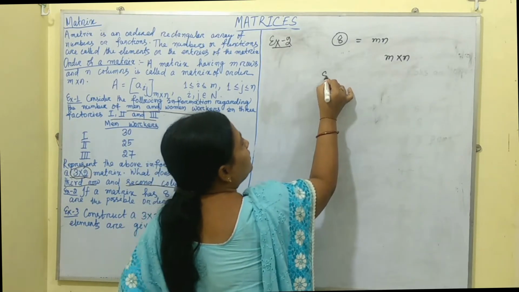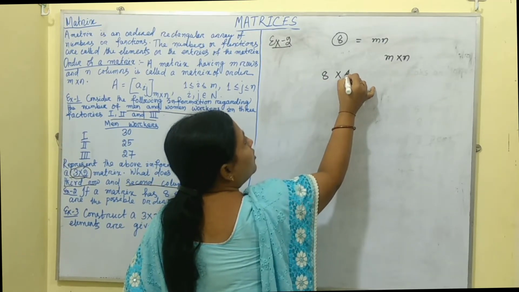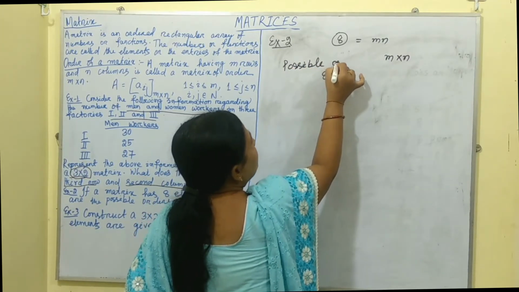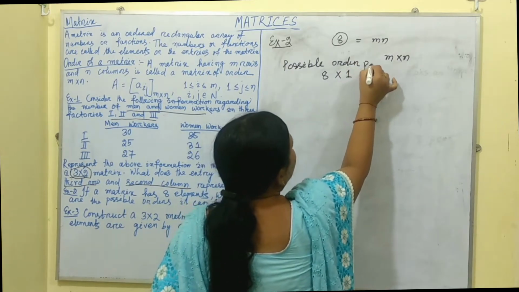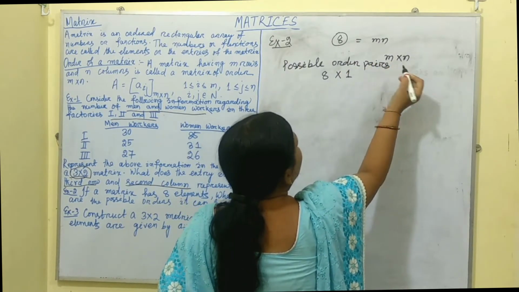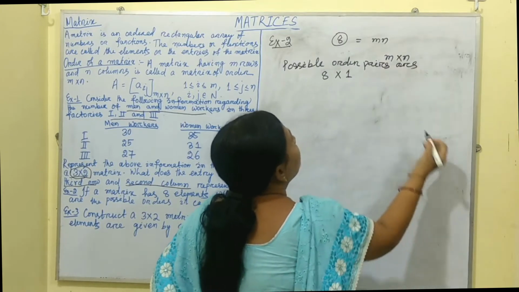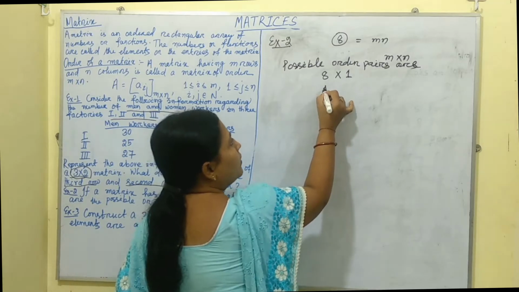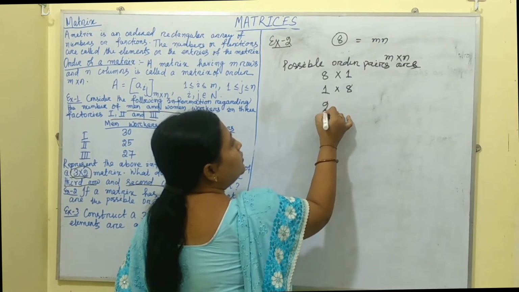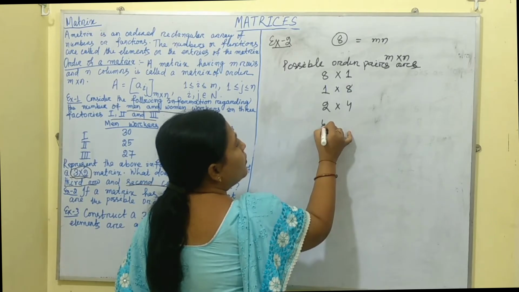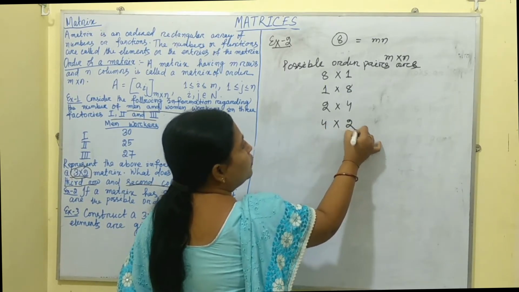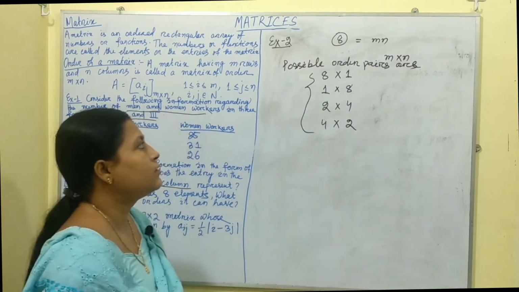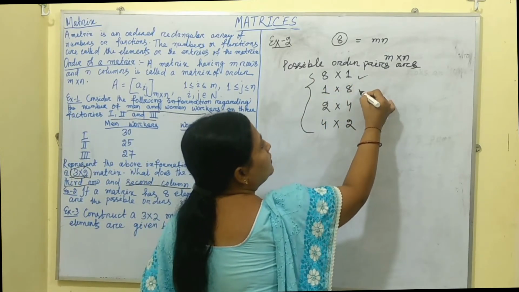They are 8 into 1, 1 into 8, 2 into 4, 4 into 2. So we got 4 order pairs whose product is 8.